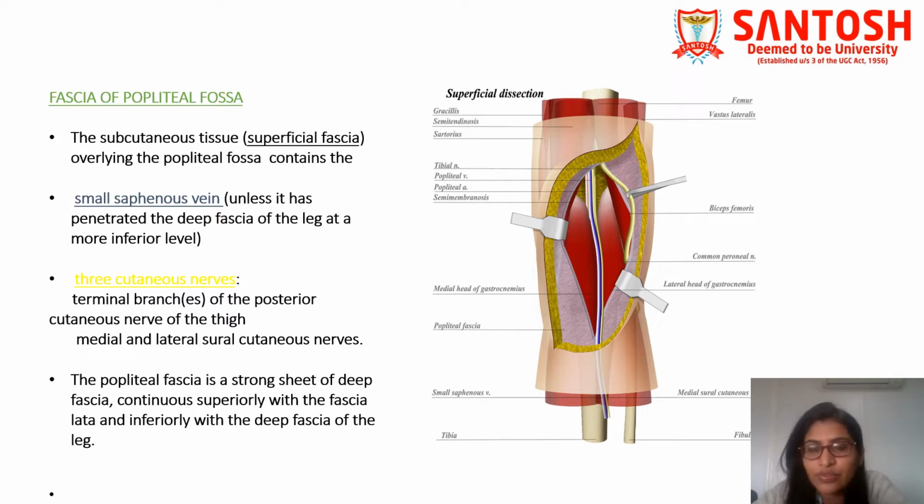The other contents of the fascia are the three cutaneous nerves, which are the terminal branches of posterior cutaneous nerve of thigh, and the medial and lateral sural cutaneous nerves. Now one thing important about the popliteal fascia is that it is a strong sheet of deep fascia and it is continuous superiorly with the fascia lata and inferiorly with the deep fascia of leg.